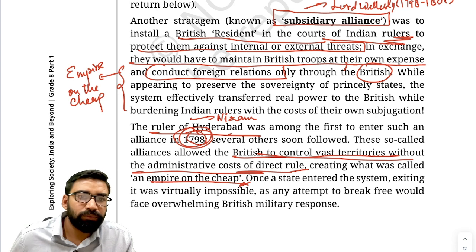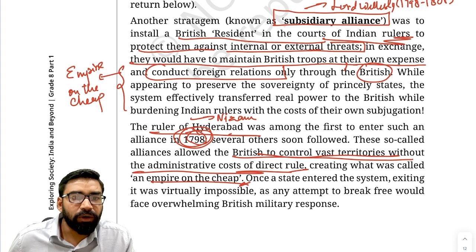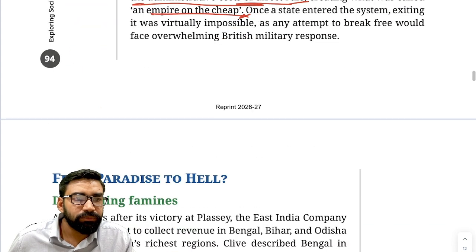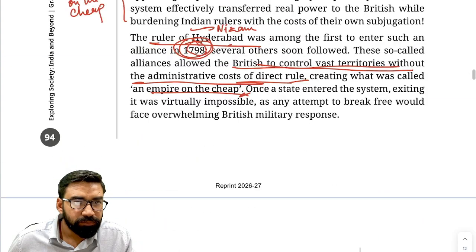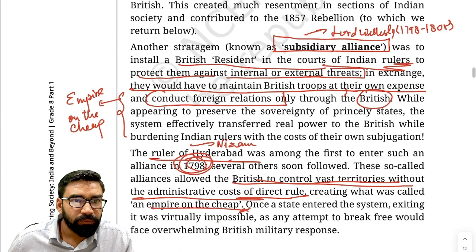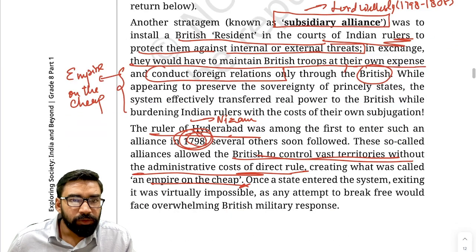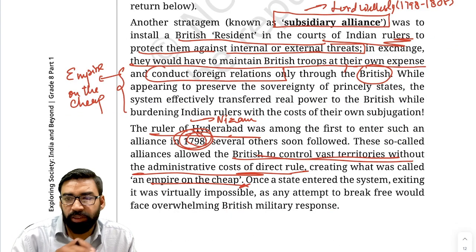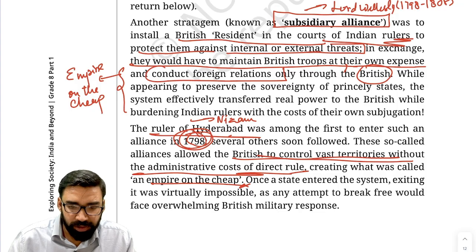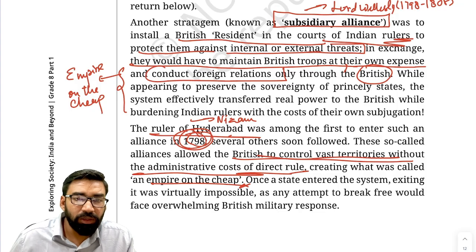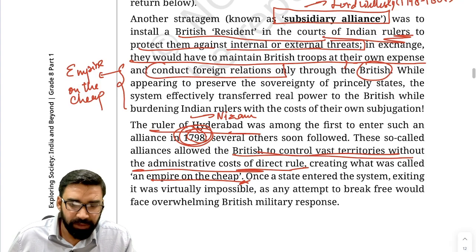Now try to understand. In this way, we can say that Britishers were able to control a large number of areas.